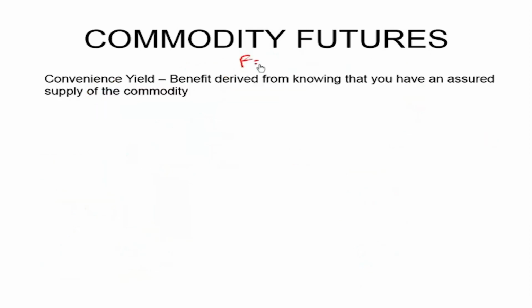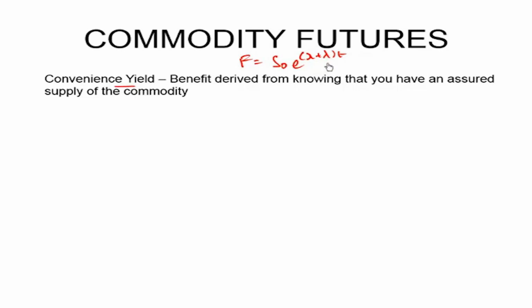So we derive that for a commodity, the fair forward price is equal to S0 e raised to the power (r plus lambda) into T, where lambda is the storage cost. Now actually there is another complication in commodities, that is the concept of convenience yield.